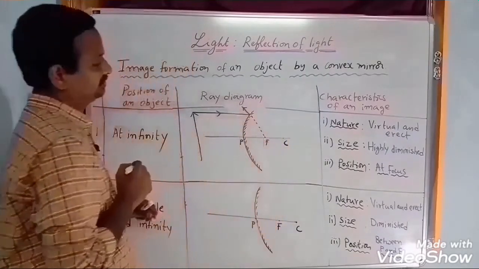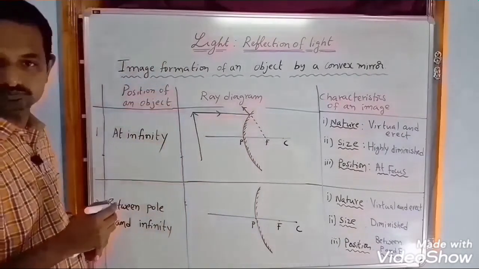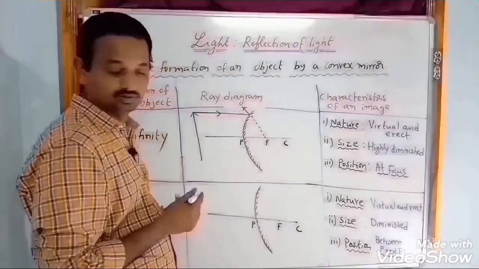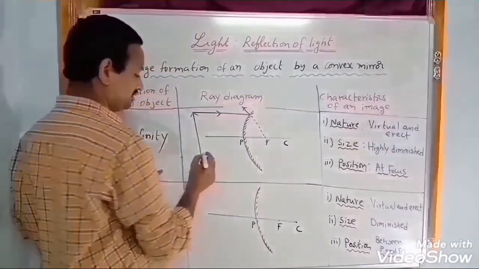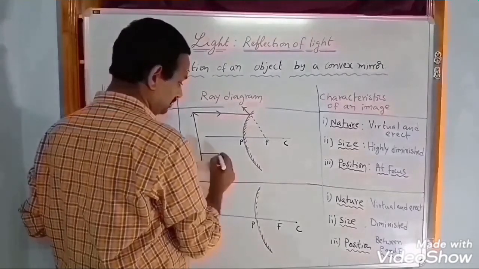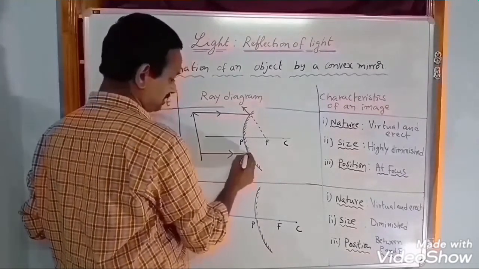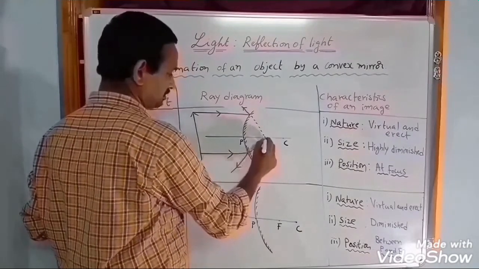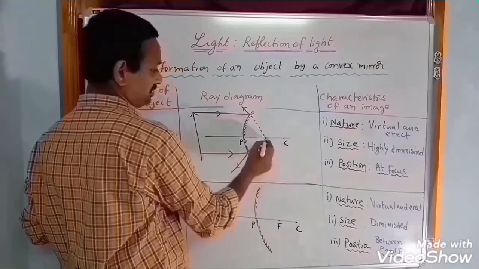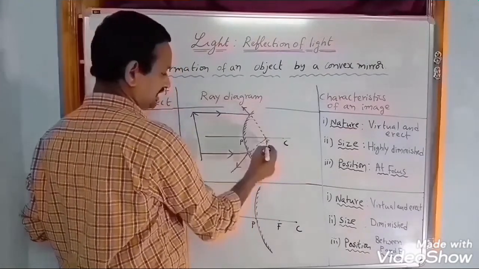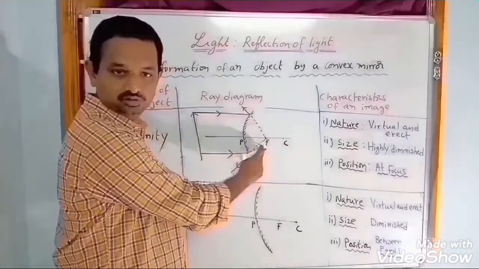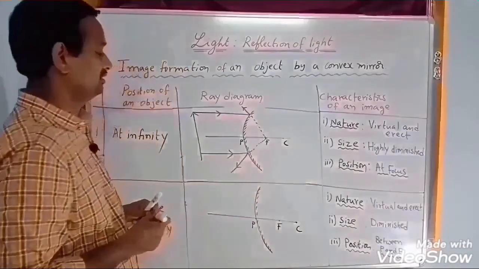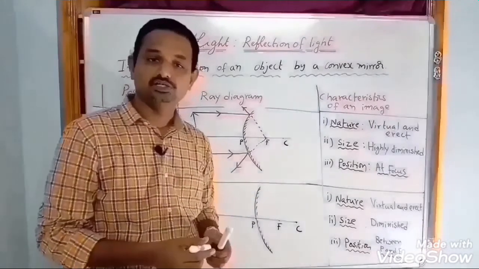Then for the second ray, I will take rule 1 again. After reflection, it appears to come from the principal focus. So here the point of intersection of these two divergent rays is where the image is formed, that is, the image is formed at focus.